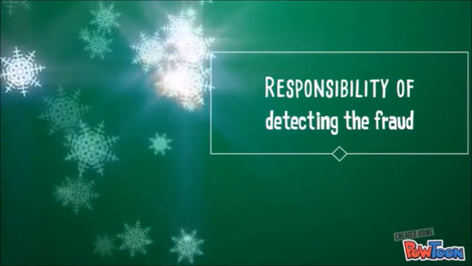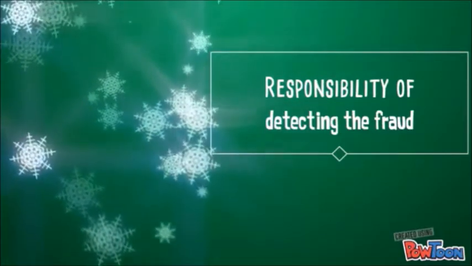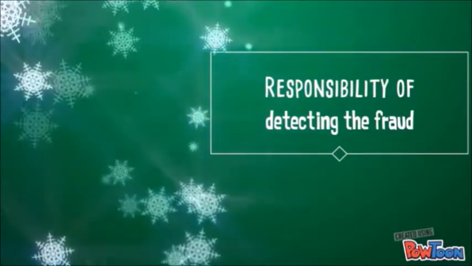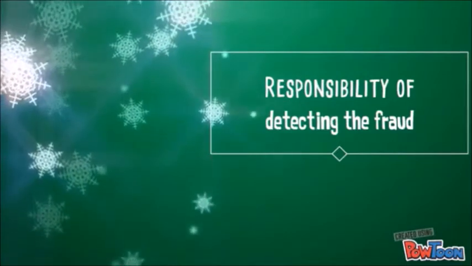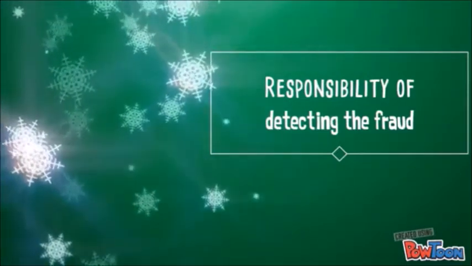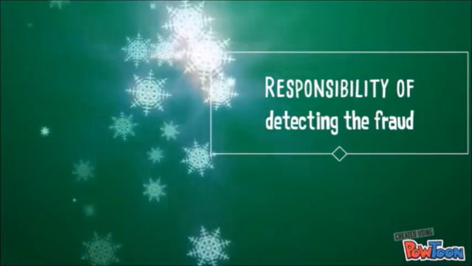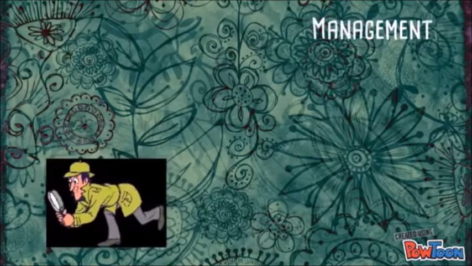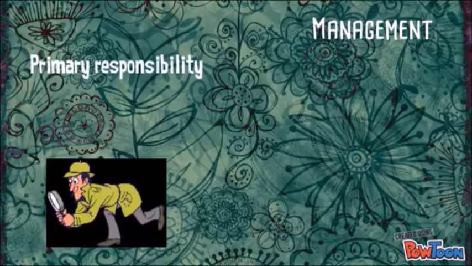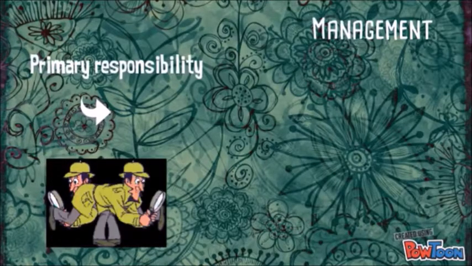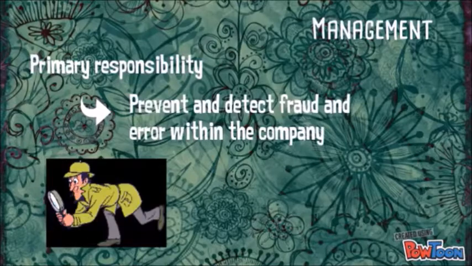Now, let's move on to the responsibility of detecting the fraud. It can be divided into two groups of people, which are management and auditors, where both of them are responsible to detect, prevent and correct the fraud on a timely basis. Responsibility of management. The primary responsibility of management is to take reasonable steps to prevent and detect fraud and error within the company.